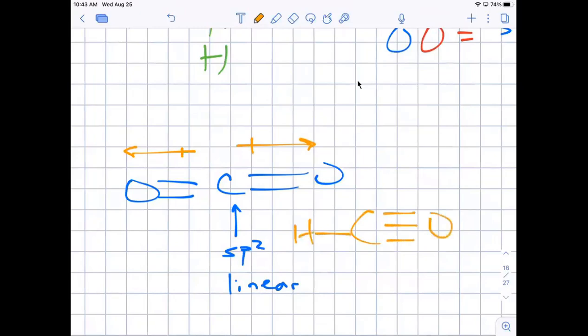We'll just put an H back here, right? Doesn't that carbon have two groups? Yes. And it also has two pi bonds to it? Yes. Because the triple bond is one sigma and two pi's. So it's the same thing, it's just configured a different way.